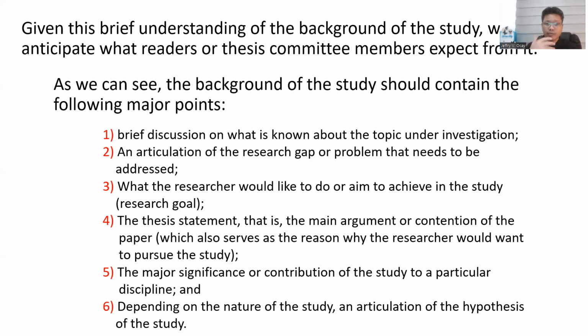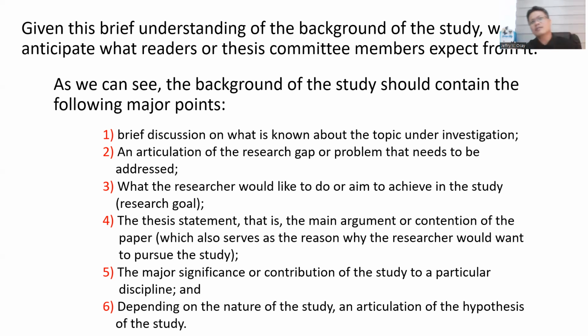For example, when I read the background of the study, the researcher articulates a research goal. And then when I proceed to the literature review, there is another goal that is not consistent with the previous one.